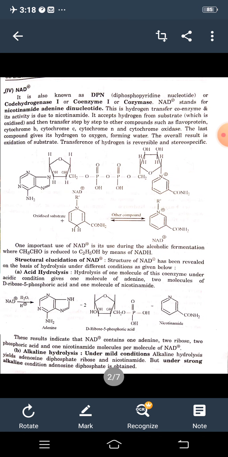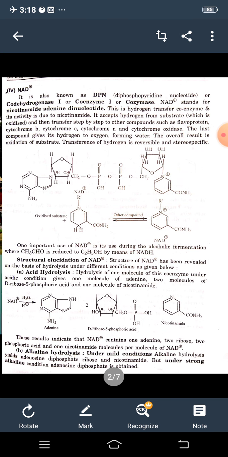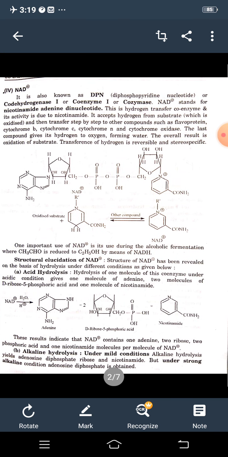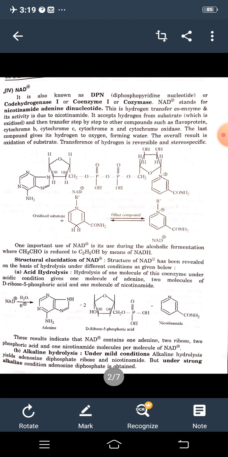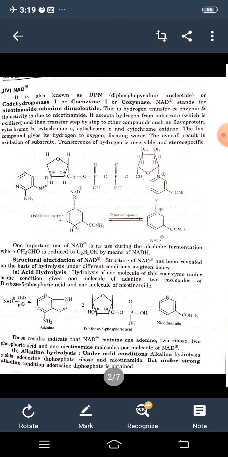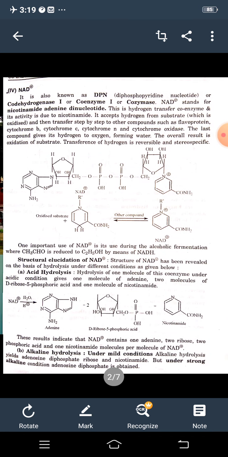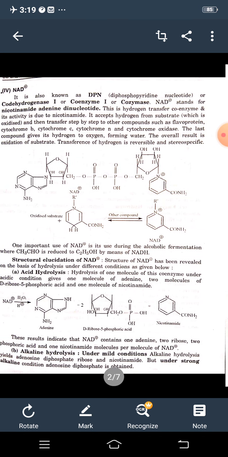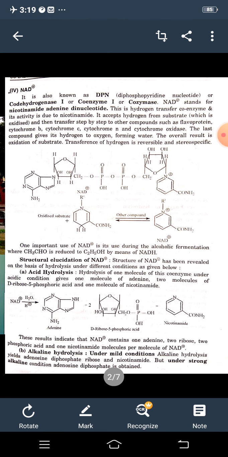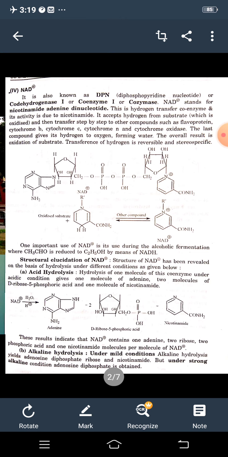The structure of NAD+ has been revealed on the basis of hydrolysis under different conditions as given below. For example, we can take acid hydrolysis. Hydrolysis of one molecule of this coenzyme under acidic conditions gives one molecule of adenine, 2 molecules of D-ribose 5-phosphoric acid and 1 molecule of nicotinamide.